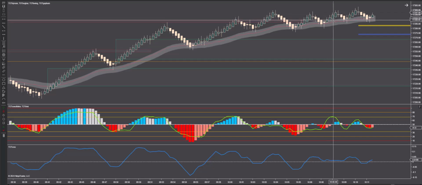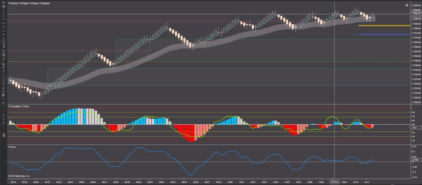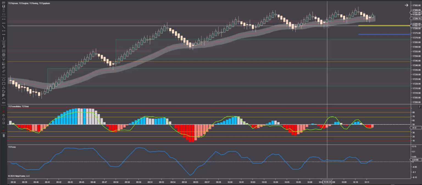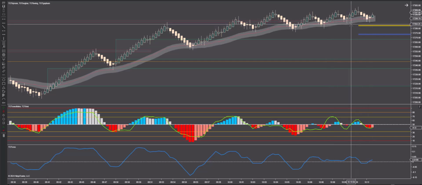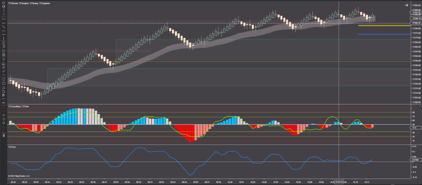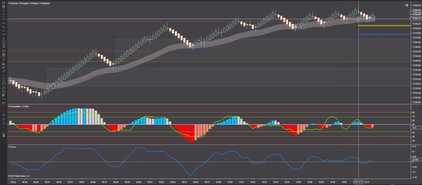If you wait for the cross, it goes 1, and you don't have a very tight stop. Well, you have a tight stop. That's the problem. But you're not putting your stop below one of these swings because your stop's really tight.